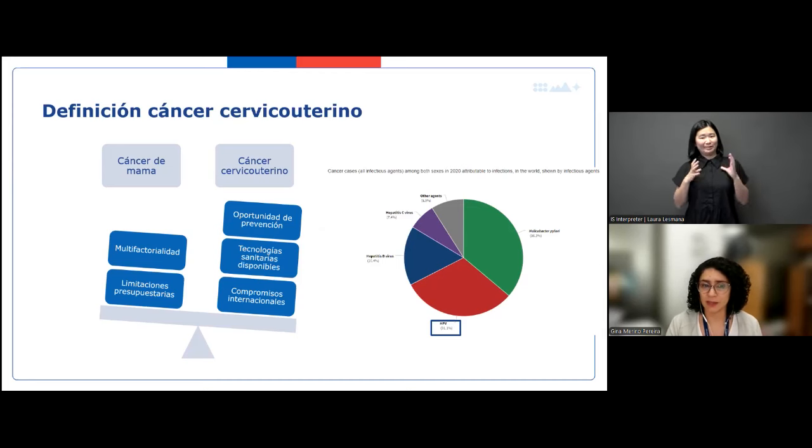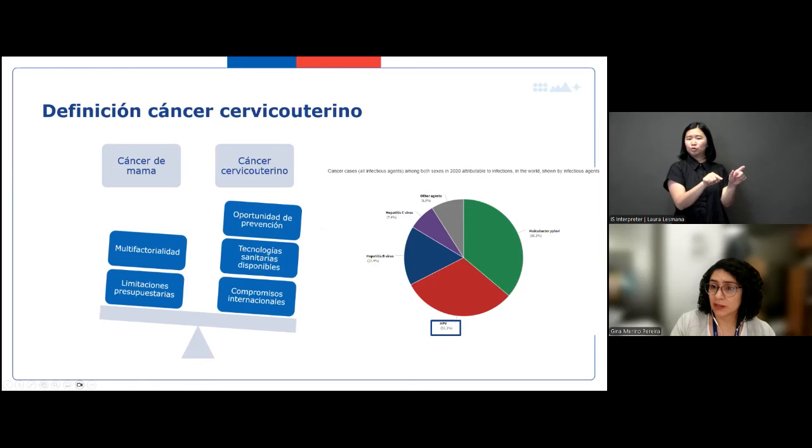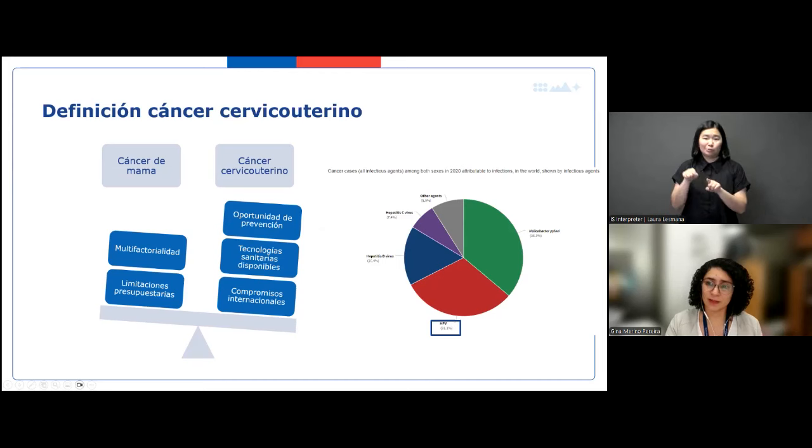We had certain visions deciding that the cervical uterine cancer has areas of opportunities. We see this in the right-hand side. There's different types of infections, the vectors like the papilloma virus, human papilloma virus.